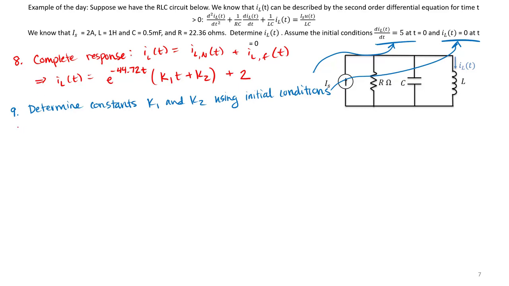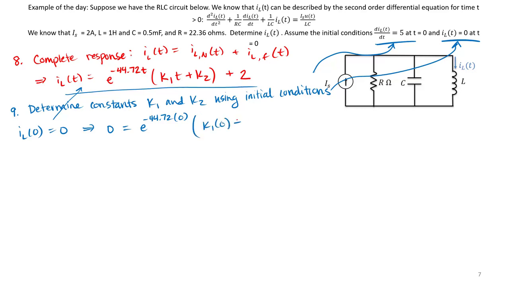So our first condition is iL at time 0 is equal to 0. So if we substitute that into our equation, we determine that 0 must equal e to the minus 44.72 times 0 multiplied by k1 times 0 plus k2, plus 2.